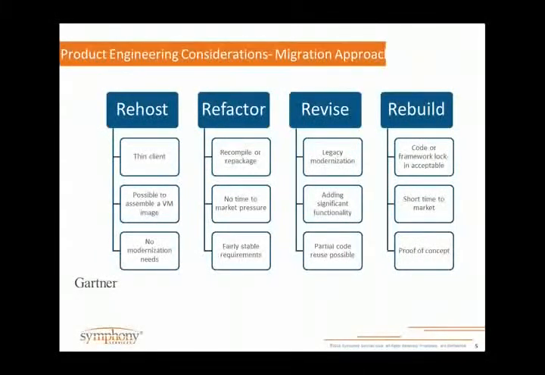The point here is not where we are today or which approach we want to take. The key here is that the migration success depends on right engineering the approach. What we have seen in our experience is that we tend to either over-engineer or under-engineer.